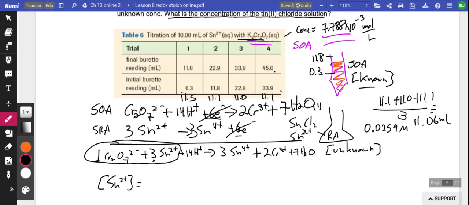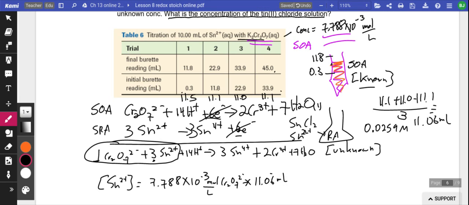So I'll carry all those digits through in my intermediate calculations. So concentration times volume for our strong oxidizing agent, the dichromate. So 7.78, I'm carrying all my digits through. Moles per liter of dichromate times its volume, 0.6 repeating.